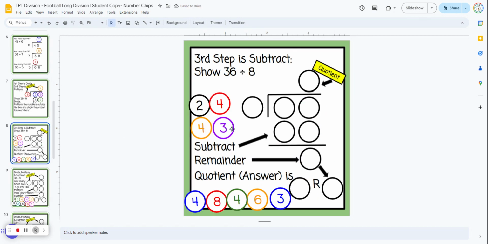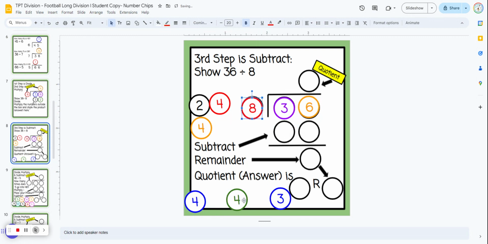The next slide adds another step, the step of subtraction. So again, they're going to put the numbers in the correct place, 36 divided by 8. 8 goes into 36 4 times. Multiply, and they've already done these steps on the previous slide, so they can look back if they need to. 8 times 4 is 32.